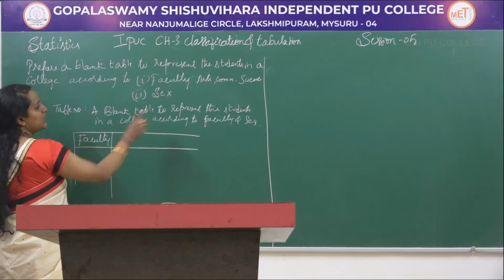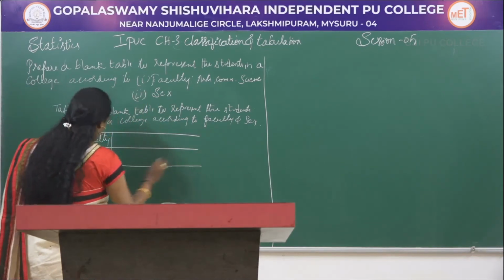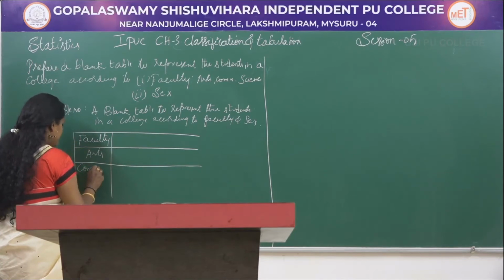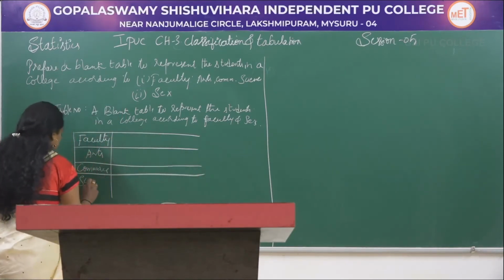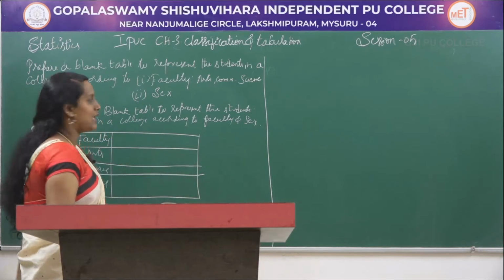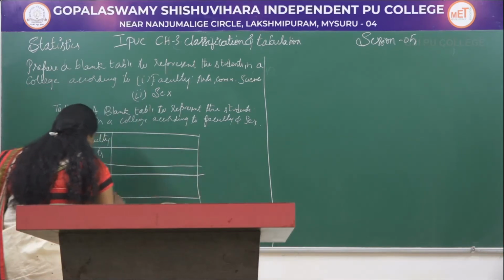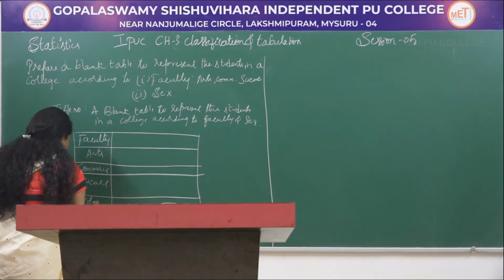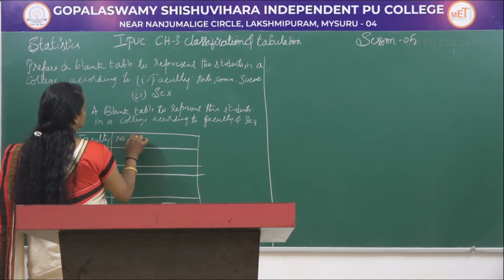In faculty will come arts, commerce, next is science, and the last column is about total, and here it is number of students.